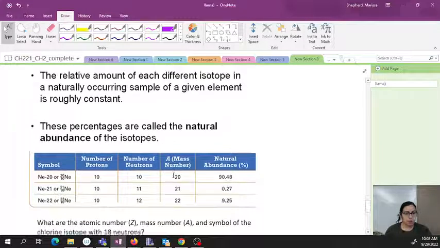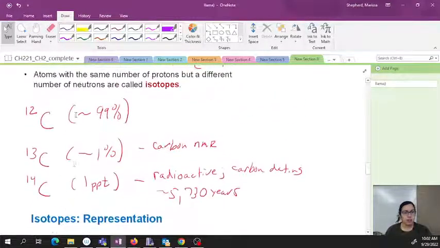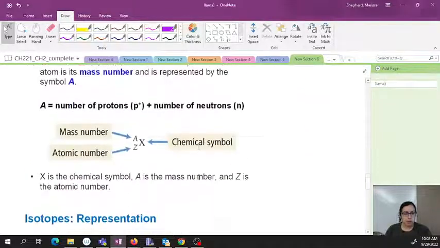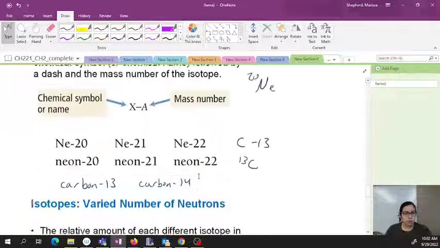We were kind of seeing this with our carbon example, if you remember from Tuesday. So we were hinting at where we're going with relative abundance.